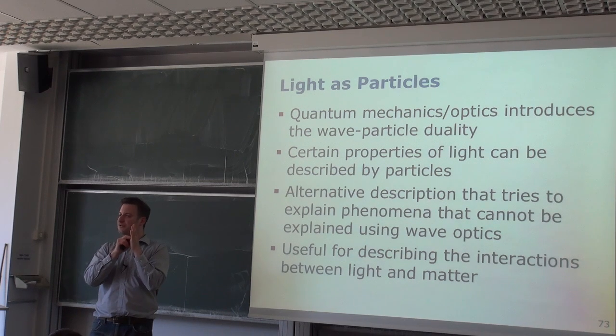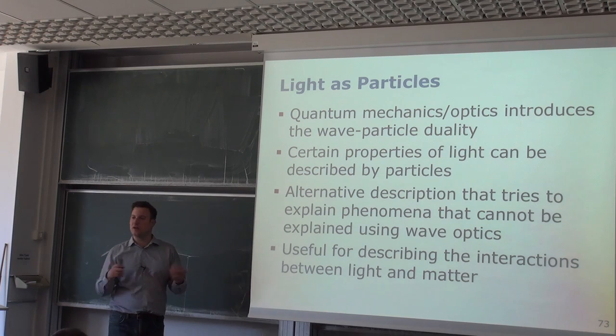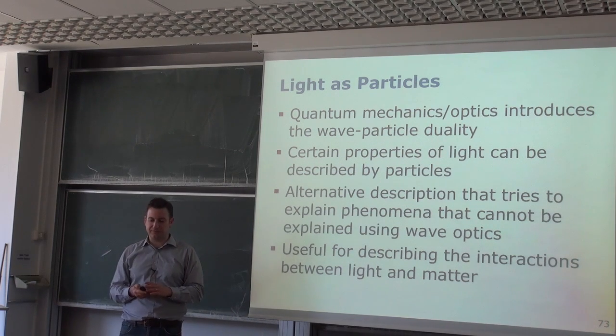I can measure those currents, and this gives me information about the intensity. The more photons hit this cell, the higher the intensity. This is one very elegant way of describing the interaction of the photons with the chip itself.